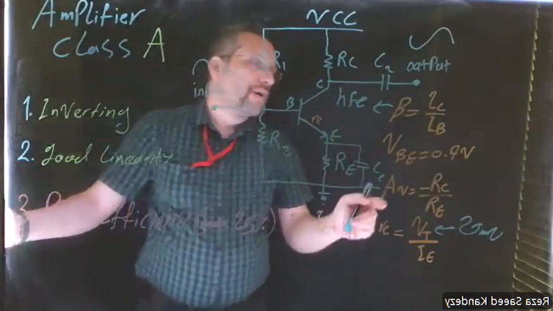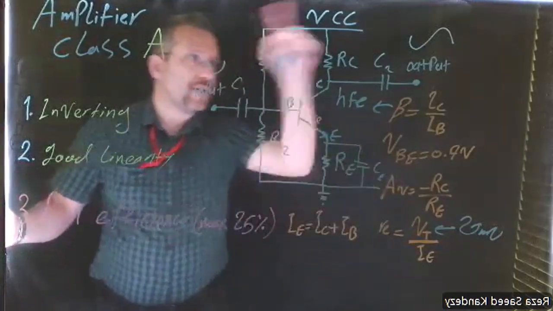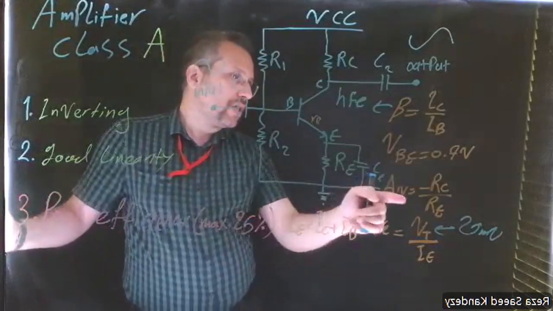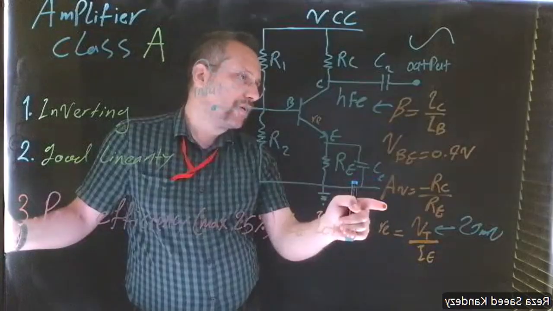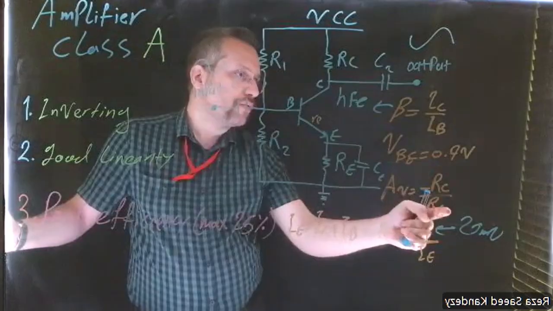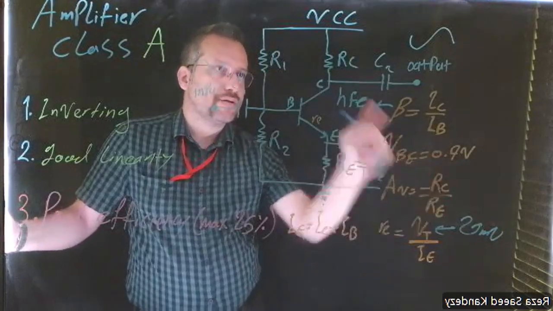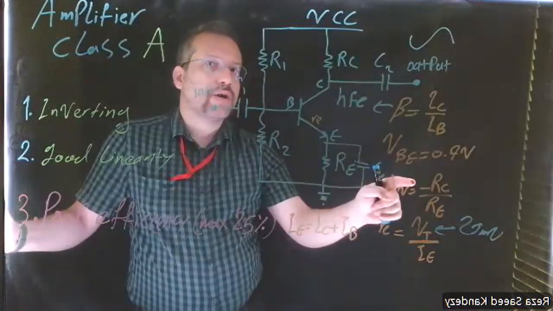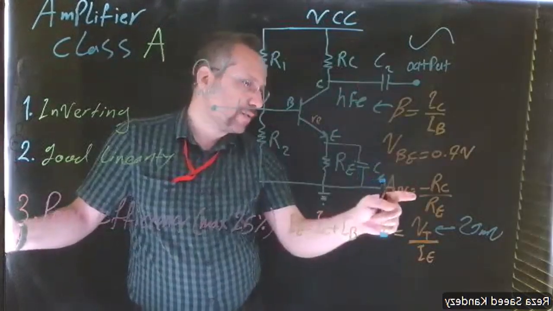Now, the gain of a class A amplifier is equal to minus collector resistance over emitter resistance. This minus is because of the inverting effect that we talked about.